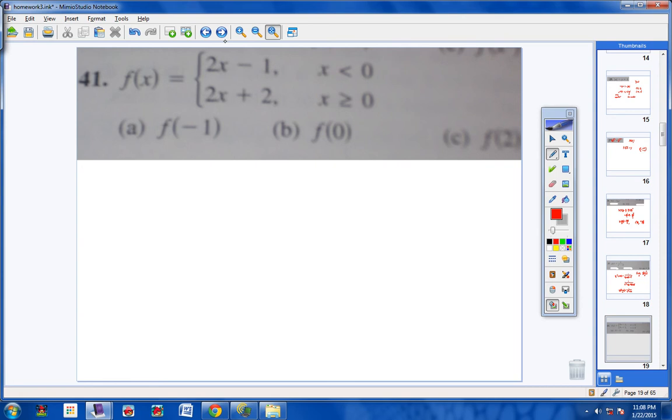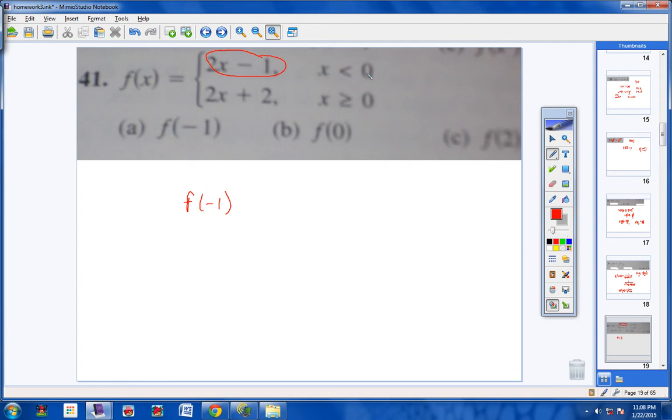Okay, we're going to have three answers. Let's first of all evaluate f of negative 1, okay? Now, where would I put negative 1? This x or this x? Well, let's see. Over here, my domain tells me that for this equation here, my x values have to be greater than 0. That's not negative 1. But for this equation here, my x values are less than 0.